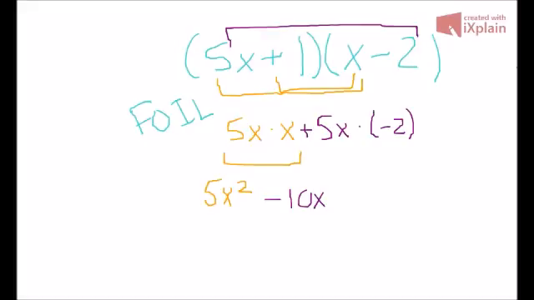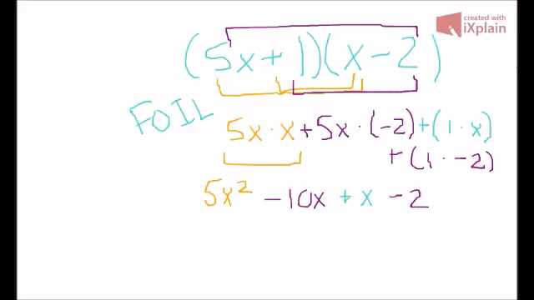So this would be plus 1 times x, which would give you a positive x. And the last terms would be 1 and 2, plus 1 times negative 2, which would give you a negative 2. So, in the end, you get 5x squared minus 9x minus 2 as your final answer.